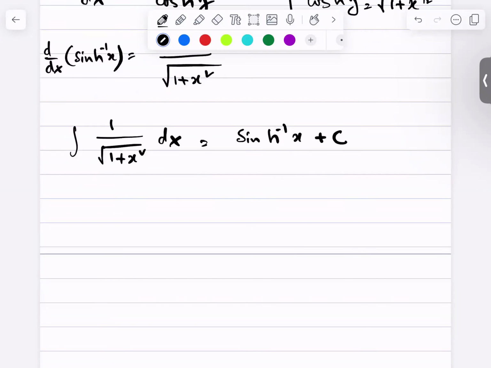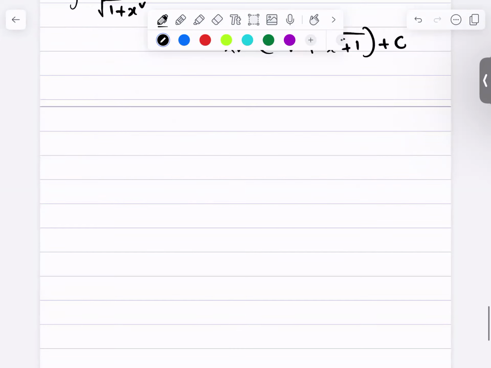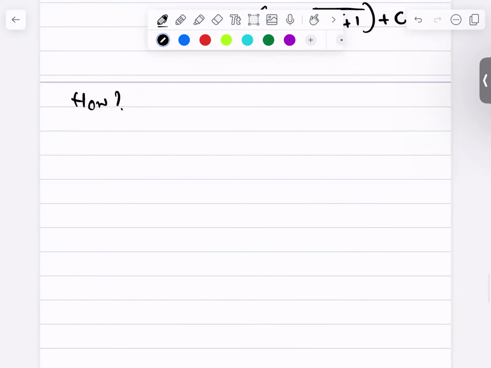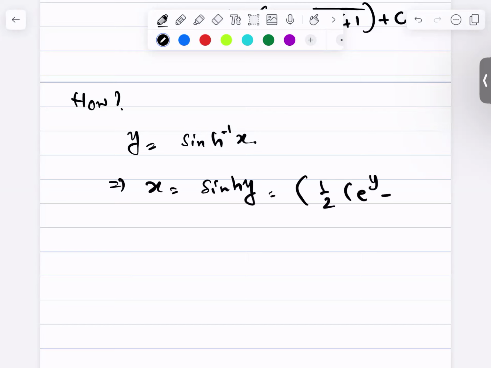Also, at the same time, I can write this as ln of x plus the square root of x squared plus 1, plus c. How? The reason is something like this. So say y is sine hyperbolic inverse x. Then I can write x to be sine hyperbolic y. But by definition of sine hyperbolic, this is half of e to the y minus e to the minus y, right?